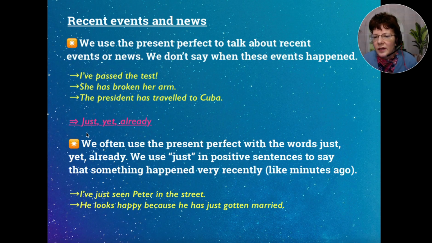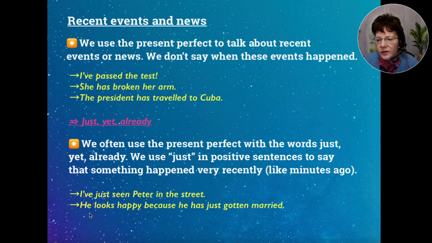Okay, these expressions, just, yet, and already, are signal words. So we often use the present perfect with these words, right? Just, yet, and already. We use just in positive sentences to say that something happened very recently, like minutes ago. For example, I've just seen Peter in the street.